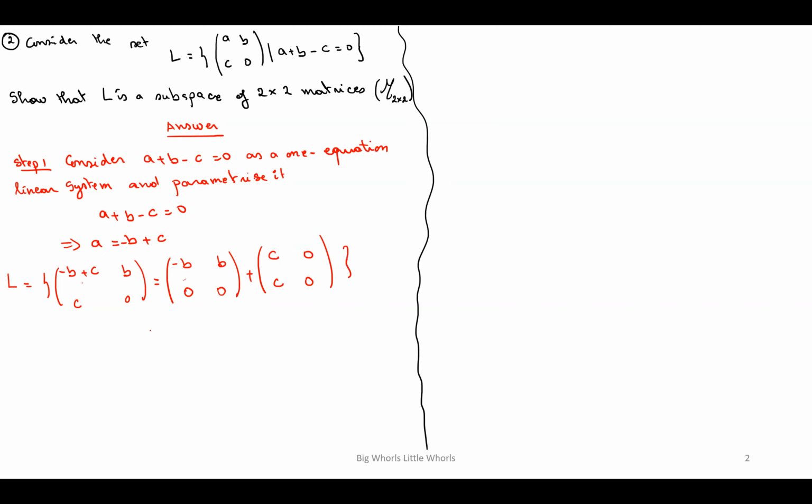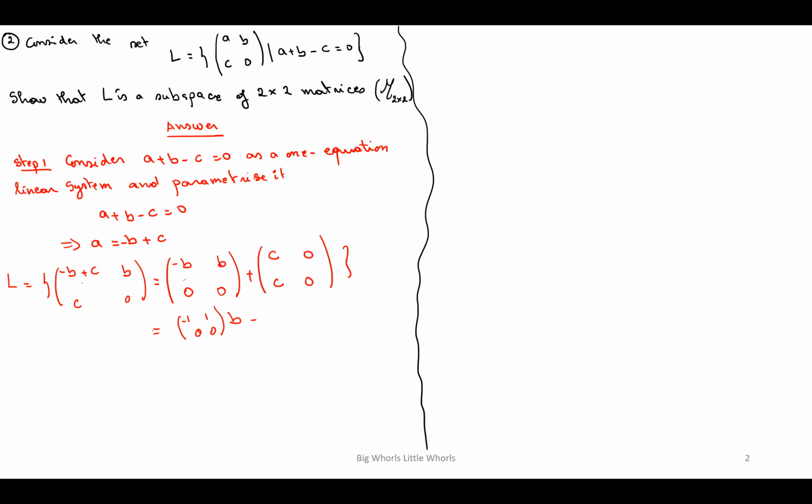This can be rewritten, so we can rewrite our L as minus 1, 1, 0, 0, B. You can factorize it or parameterize it.